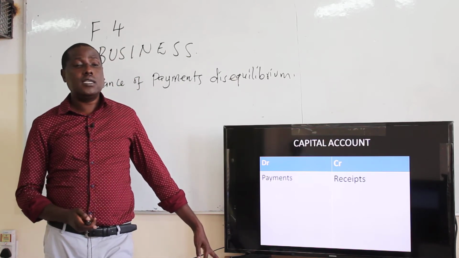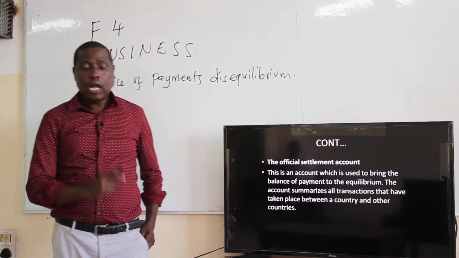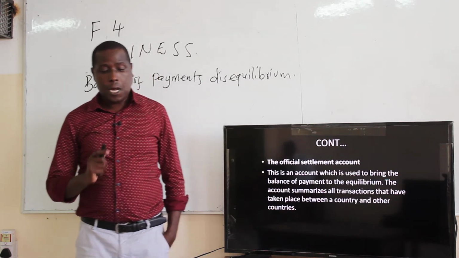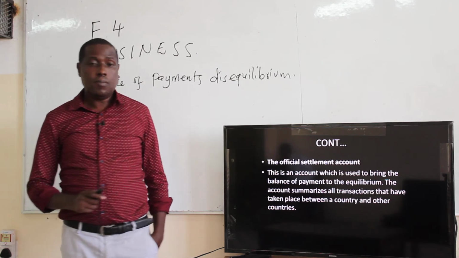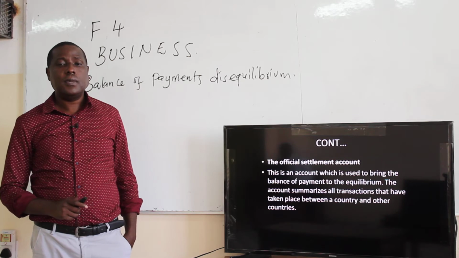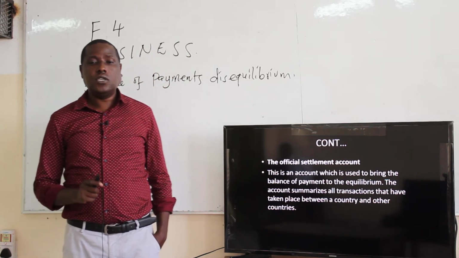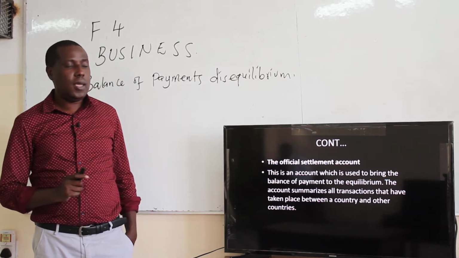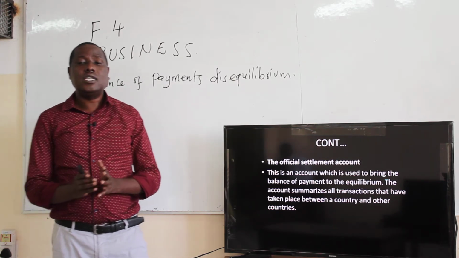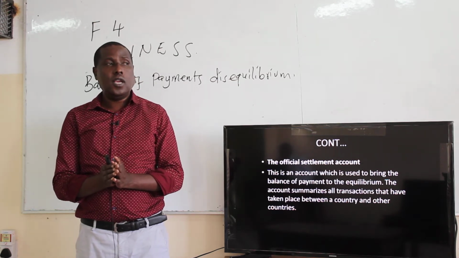So you can see that capital account. Now the last account in balance of payment is what we call the official settlement account. This is an account which is used to bring the balance of payment to equilibrium. So this is an account that tries to bring the two sides to equilibrium.